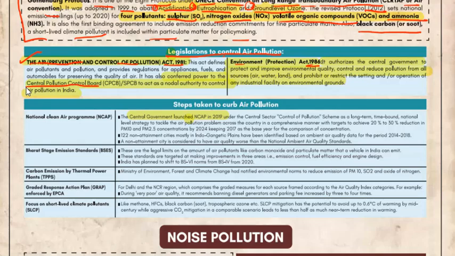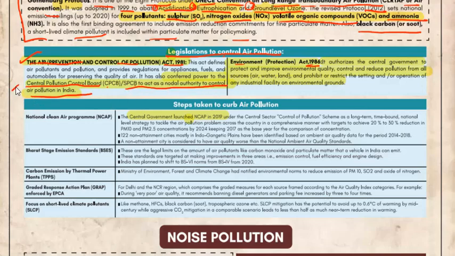This is one of the important points which UPSC generally asks; a question can be created on it. The Central Pollution Control Board confers its power from the Air Prevention and Control of Pollution Act 1981. So you should remember that the CPCB acts as a nodal authority to control air pollutants in India.